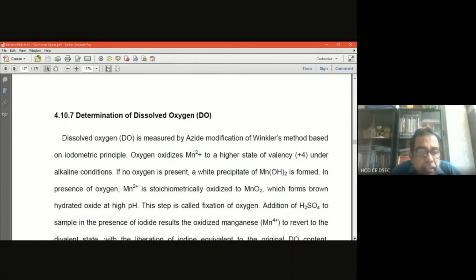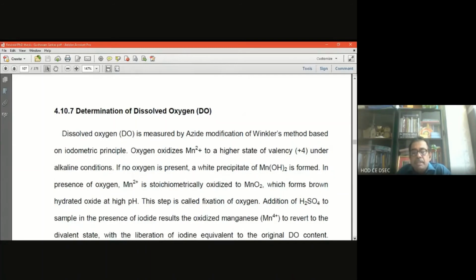If no oxygen is present, a white precipitate of manganese hydroxide is formed. In the presence of oxygen, Mn2 plus is stoichiometrically oxidized to MnO2, which forms the brown hydrated oxide at high pH. This is called the fixation of oxygen.